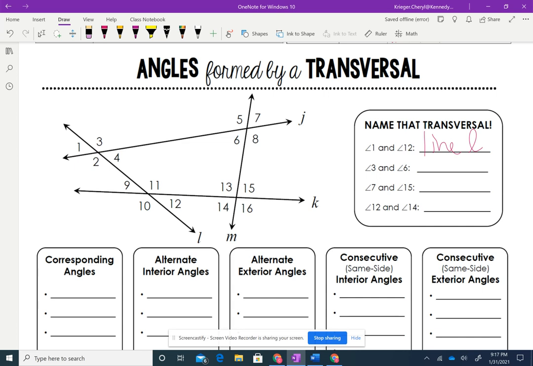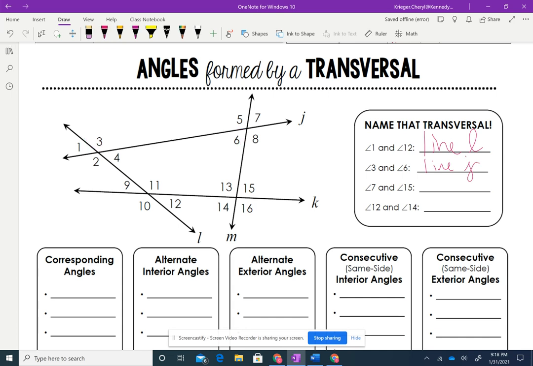Okay. Angle 3 and angle 6. Angle 3, angle 6. What are those both connected to? Line J, that's your transversal.